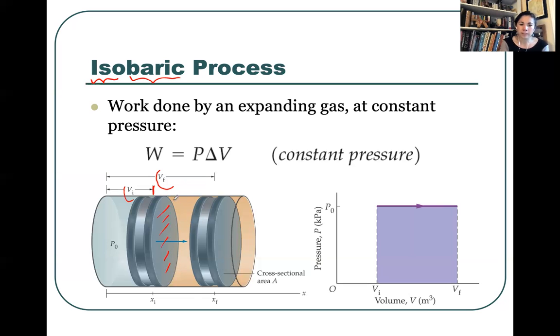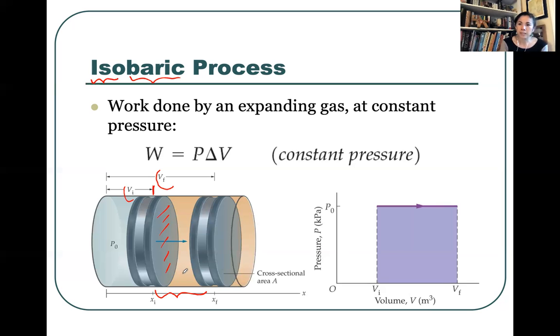So if we look here at the displacement, the amount of work, remember, would be force times displacement, all right? So the displacement would be this delta x over here, and then that would be multiplied by the force.